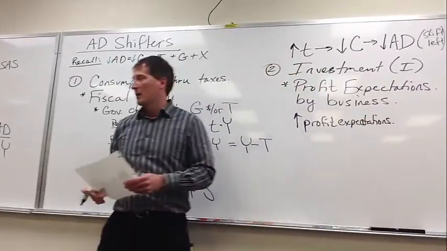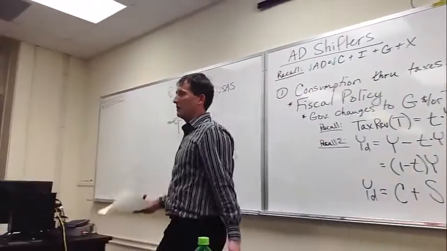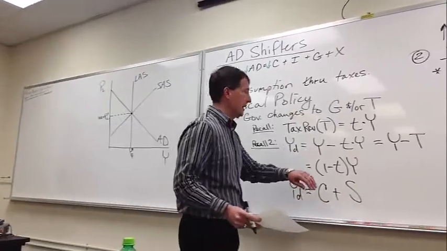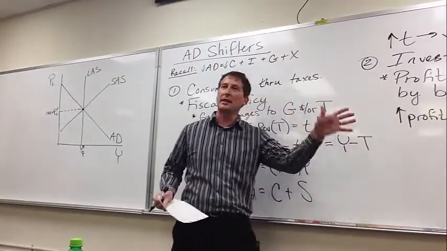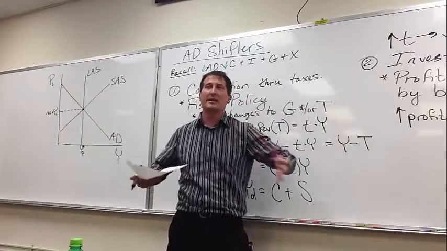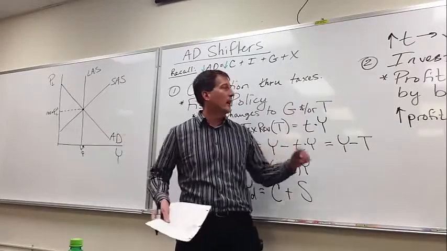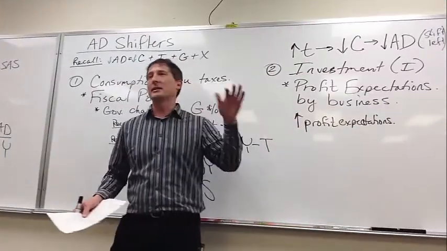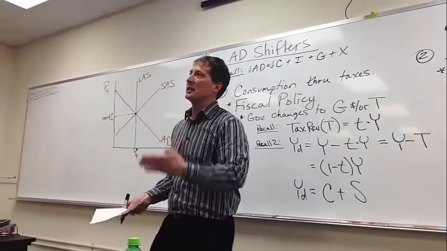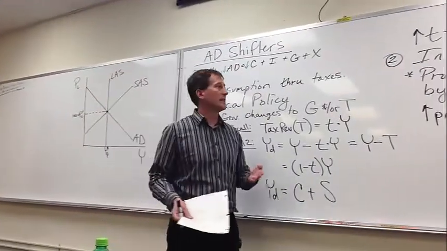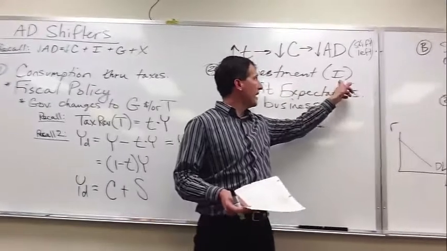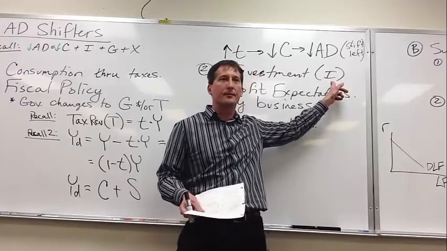So in other words, the Wall Street Journal and business people around are just thinking, you know, I think 2013 is going to be a really good year, and they're just kind of thinking optimistically about the future. How does that affect their behavior today? Do they tend to increase I or decrease it?